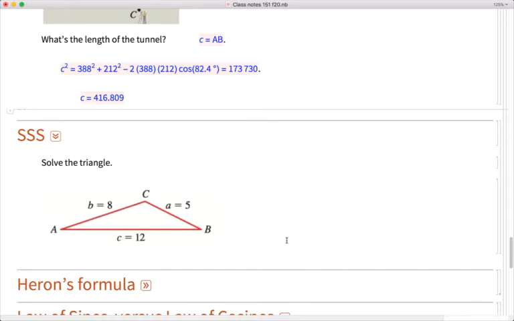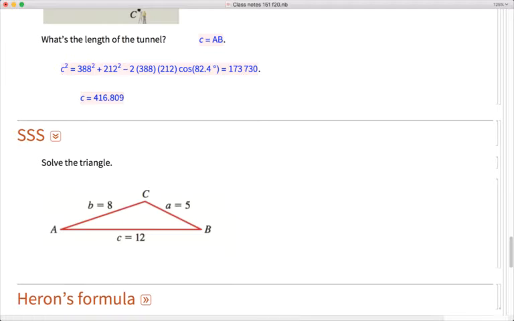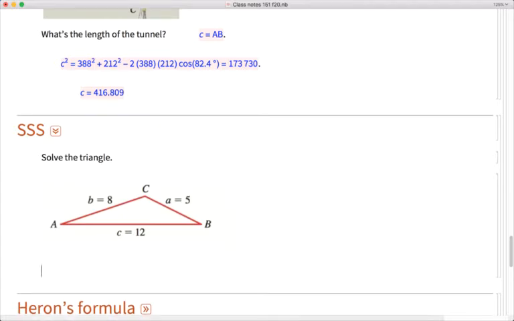And if you remember, when we're asked to solve a triangle, it means find the remaining sides and angles. Well, here we've been given all three sides, so the chore here is simply to find the three angles. So we can use any one of the three angles in the law of cosines.